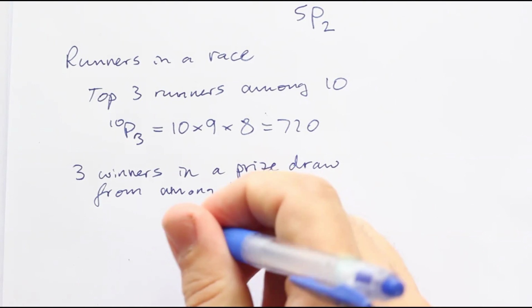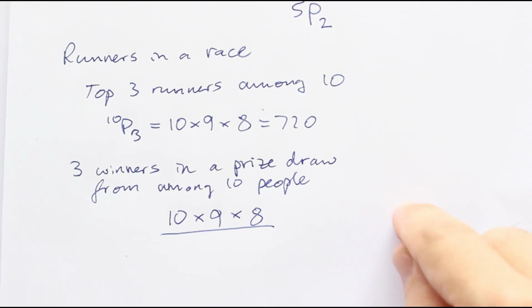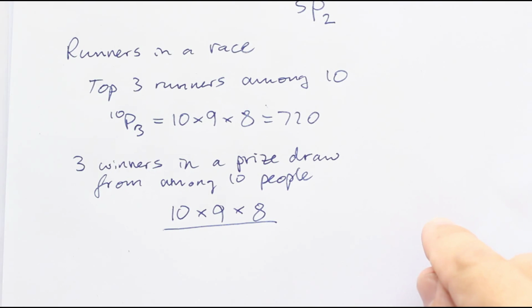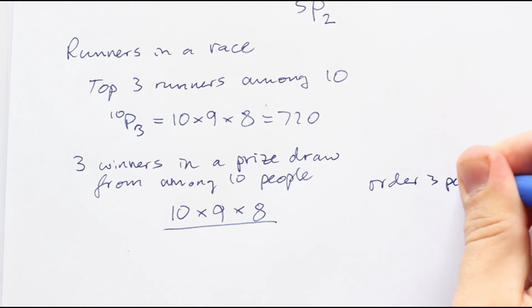So we're going to divide out all the ways that you can combine 3 winners. How many ways can you combine 3 winners? Louise, Susie, Joanna, Joanna, Susie, Louise, etc. Well, how do you order 3 people?